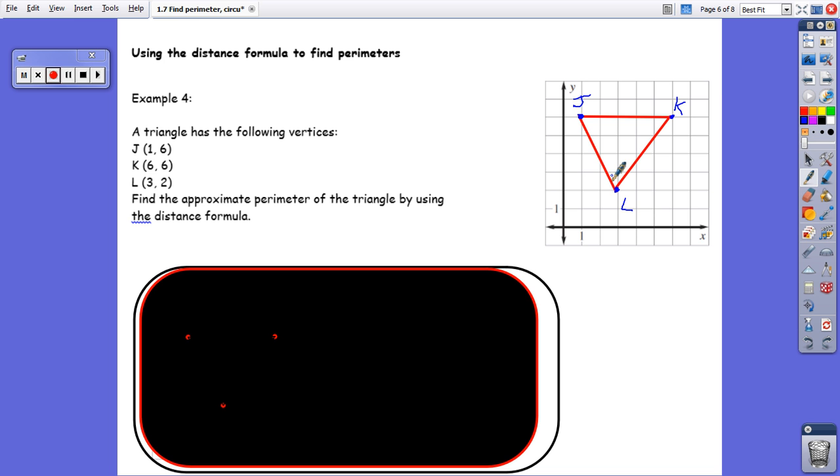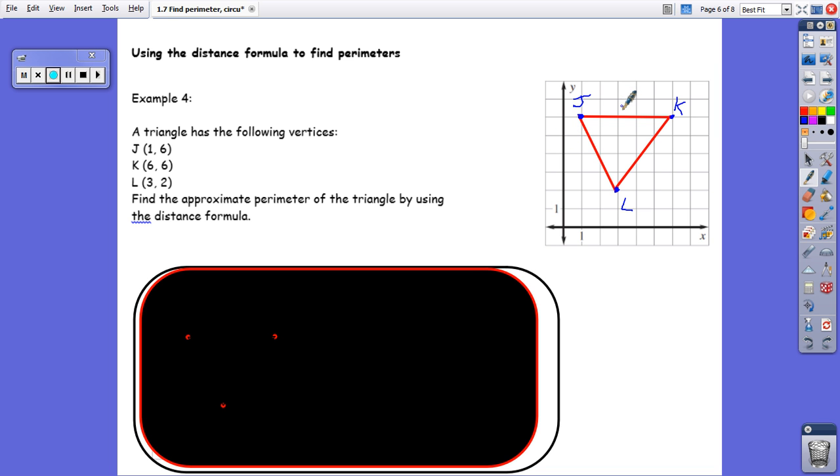Alright, so what are we finding? The perimeter. Find the approximate perimeter of the triangle by using the distance formula. We're using the distance formula because we have these line segments on the coordinate plane and we don't know how long they are. However, you should notice that there's one line segment in this triangle that you can tell how long it is.